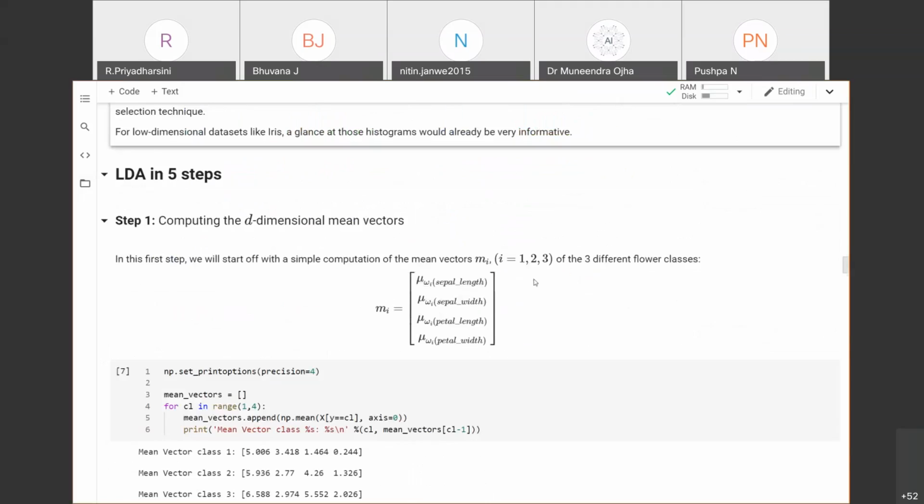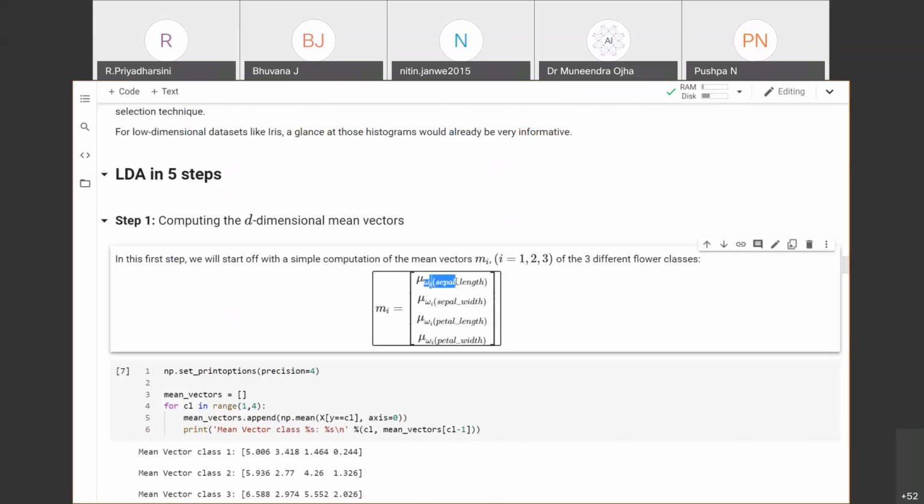Let's say for class 1, Iris setosa, i equals 1. Setosa has 4 features, so 4 means would be calculated: mean 1 for sepal length, mean 2 for sepal width, mean 3 for petal length, and mean 4 for petal width. And similarly, m1, m2, m3, three vectors will be calculated.